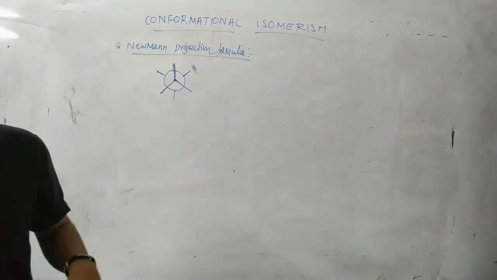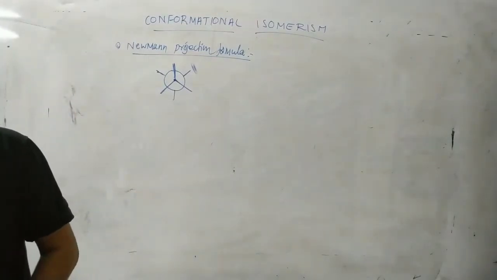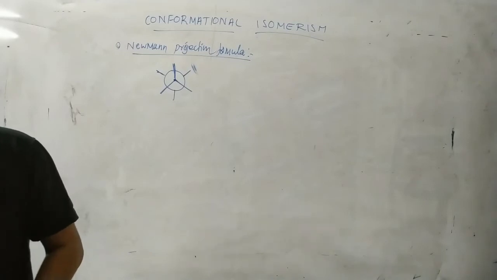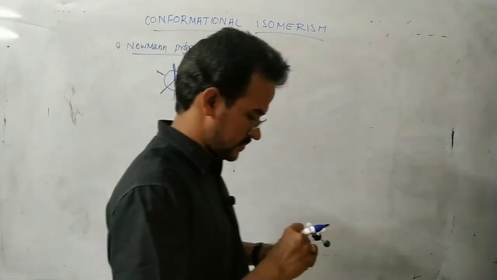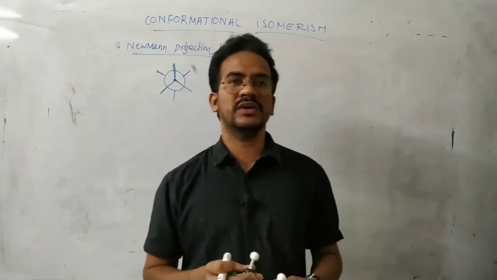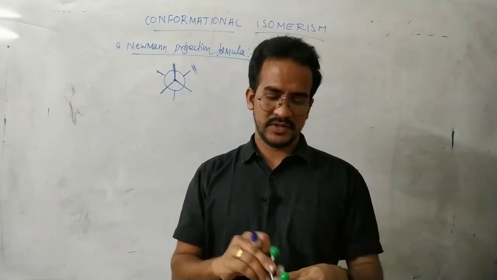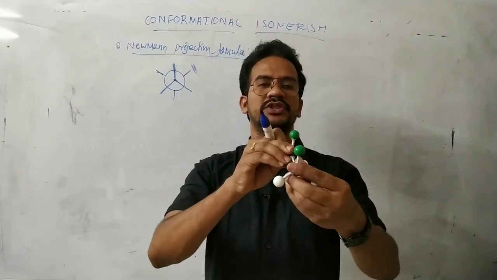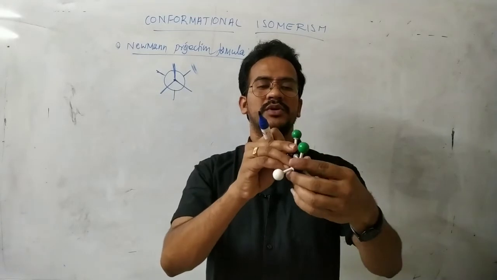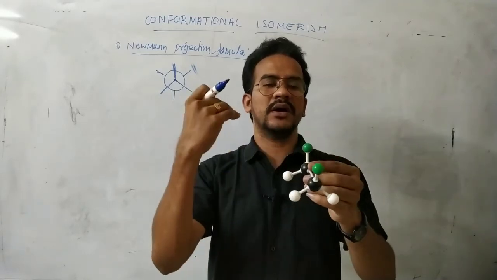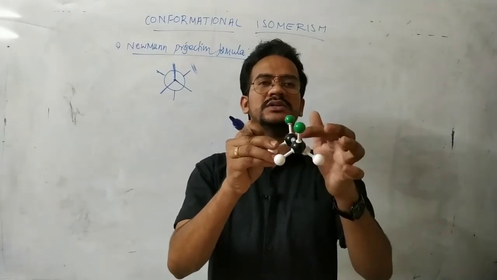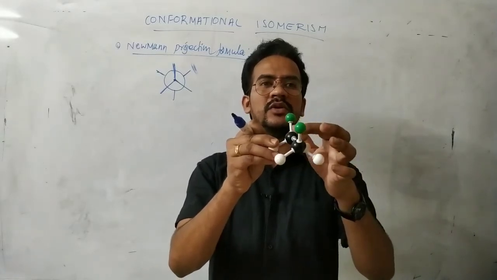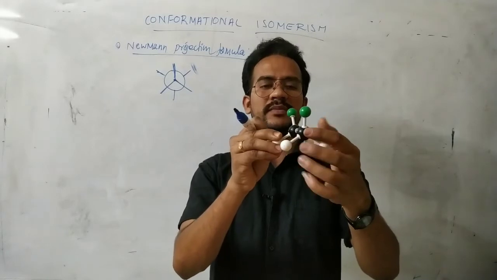That means your way of looking is different. This is a Newman projection. Why is the second carbon denoted by the circle? Because we cannot see the second carbon. We can see only the first carbon.